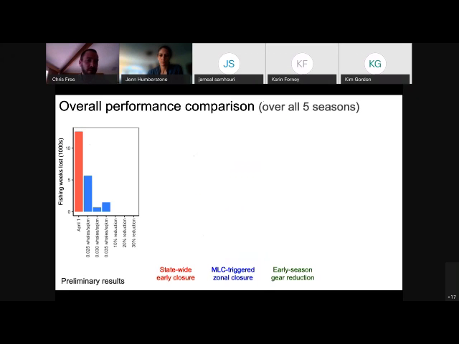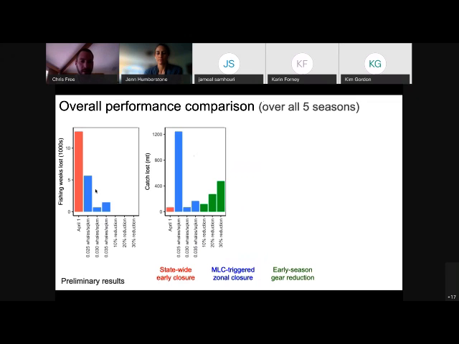In this first performance metric, in terms of fishing weeks lost, we see that the early closure would result in the greatest loss in the number of fishing weeks available, and the gear reduction scenarios result in no lost fishing weeks because there were no closures, and intermediate numbers from the MLC triggered closures.